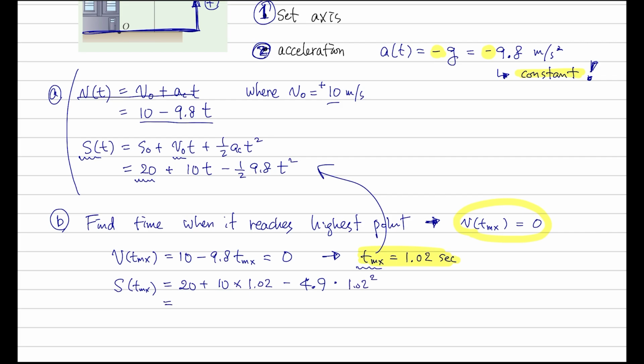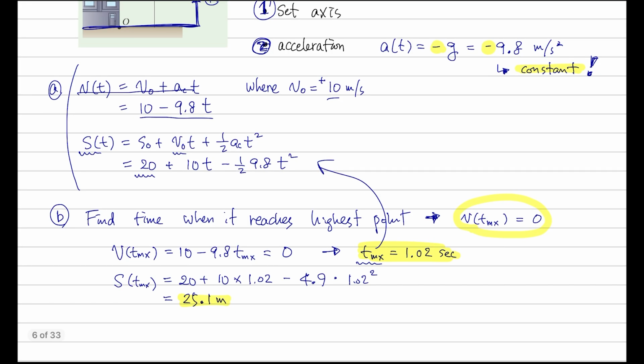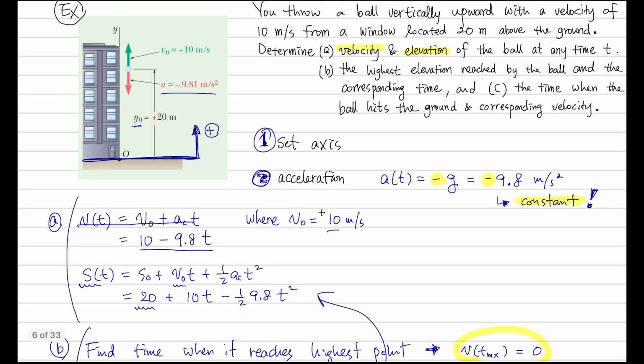And if my math was correct, it will be 25.1 meters. Does that make sense? So all we have to do is use this clue to find the time when it hits the max point, and then use this time to find the displacement at that time. Okay, so I got the highest elevation and the corresponding time.